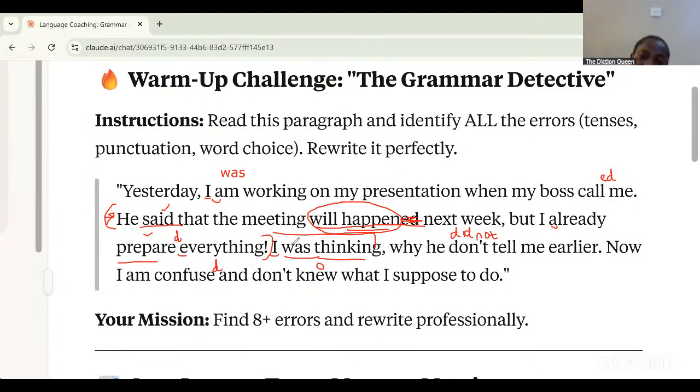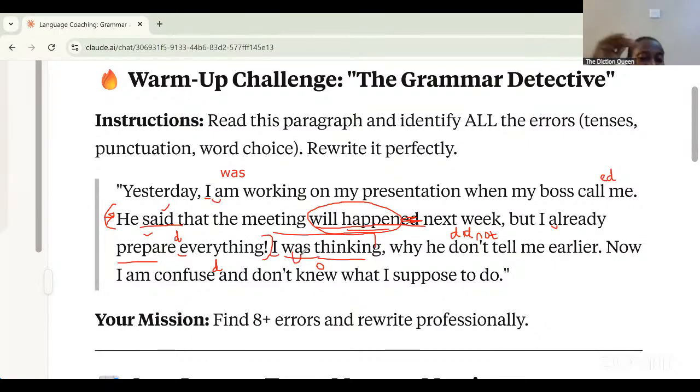So you realize that was thinking is a combination of past, was, and thinking, progressive, something that is continuing. So we call this past continuous tense. Because it happened in the past, we have was, but as at that time, the thinking is progressing.